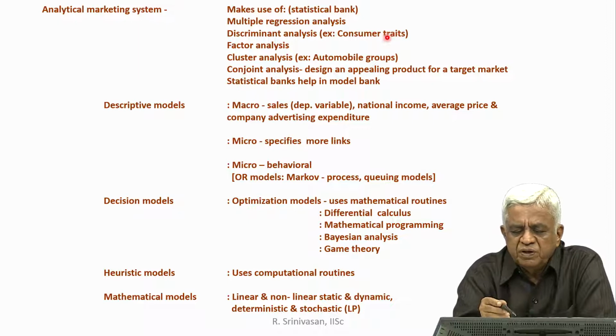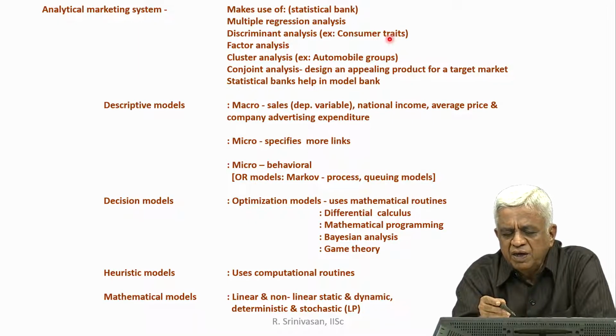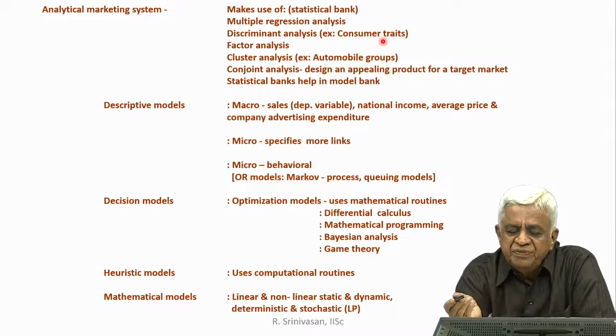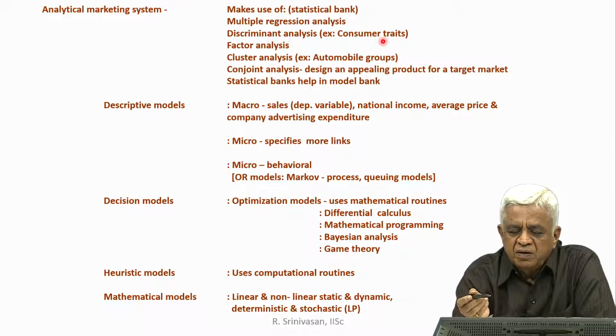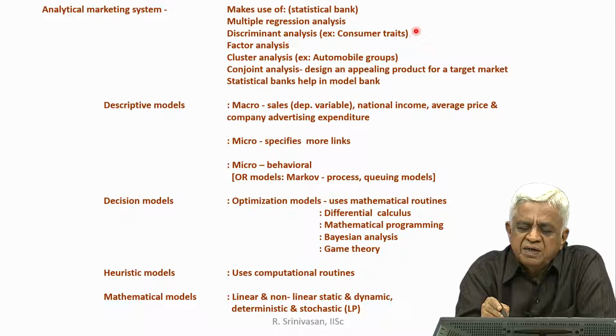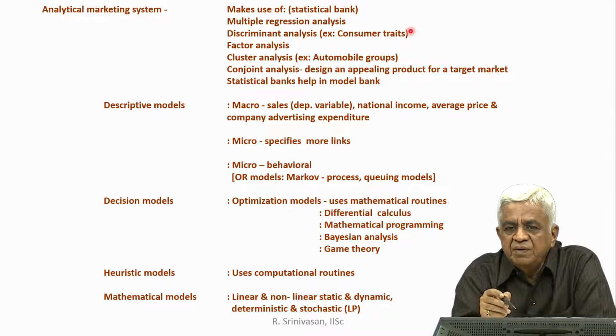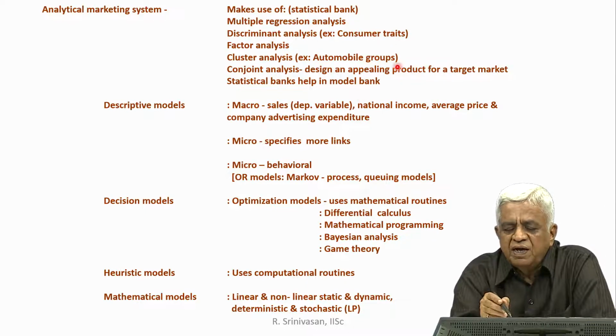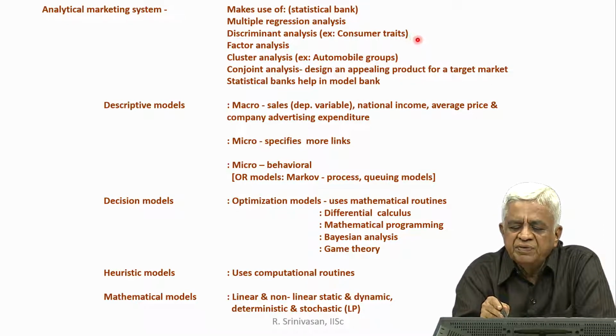Look at the owner of a Maruti 800 car vis-a-vis the owner of a Benz. What are the types of characteristics by which you can distinguish clearly between the owner of a Maruti 800 car and a Benz car owner?